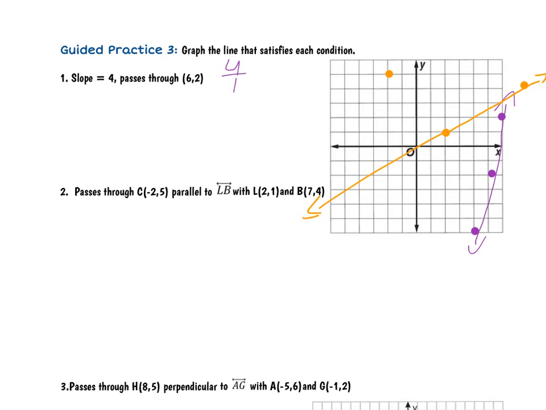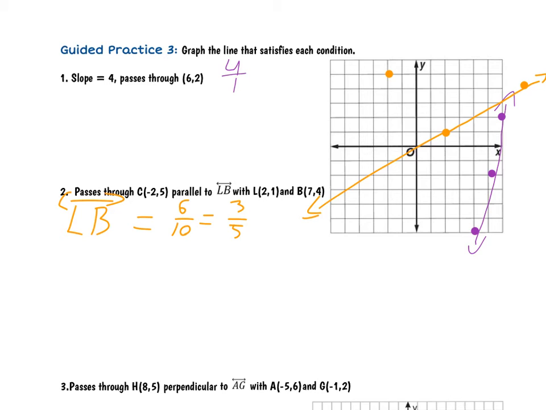And if we check our points here for LB, we're going to find that the LB slope is equal to 6/10, which is the same as 3/5. So we have our point here at -2, 5.